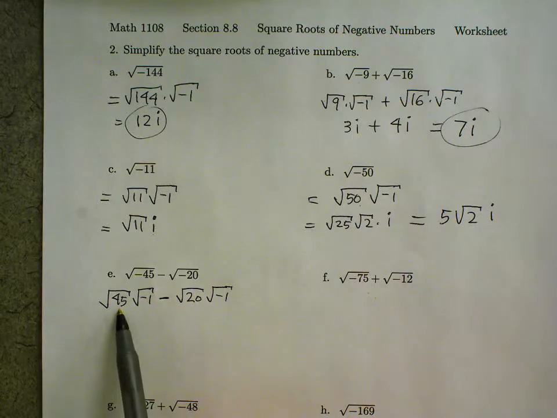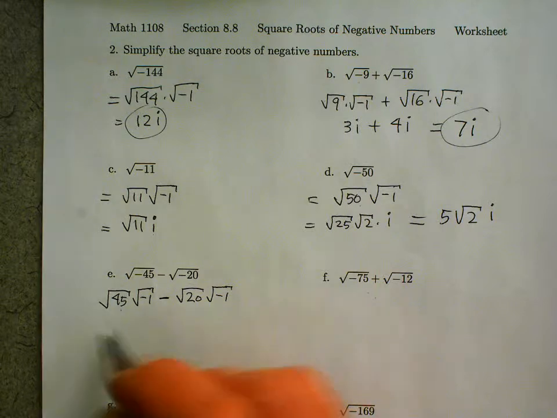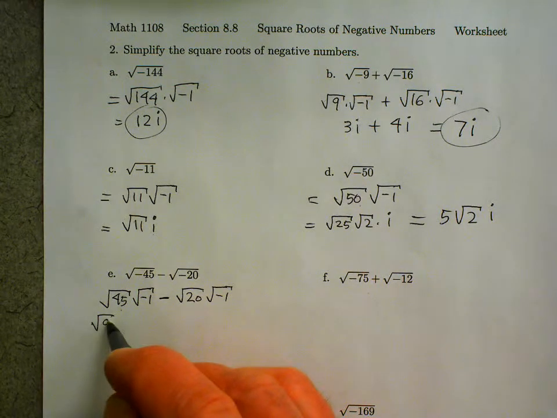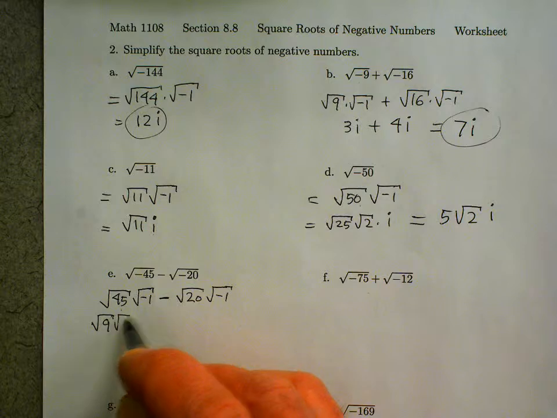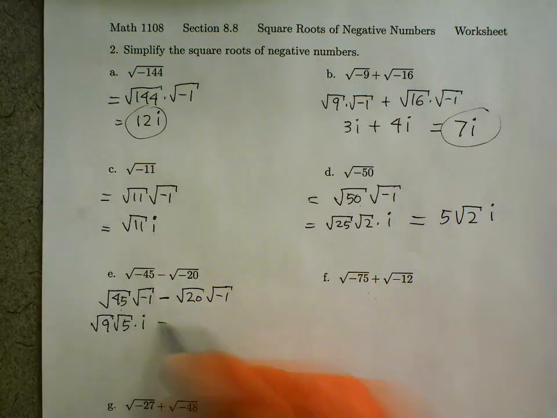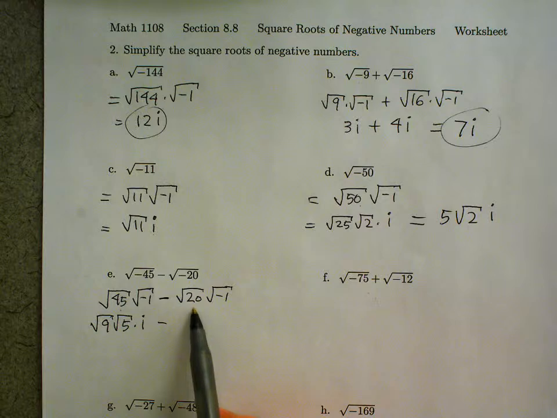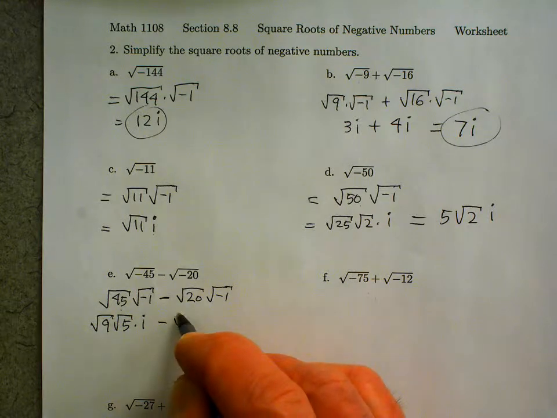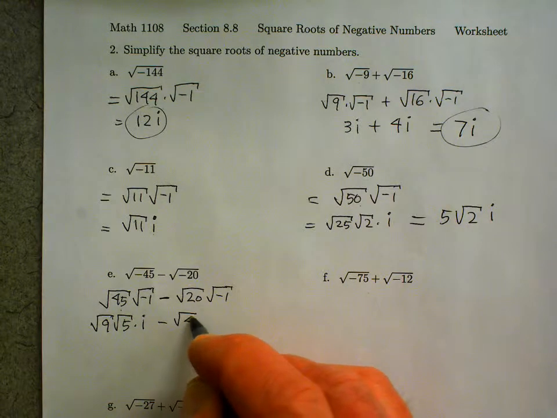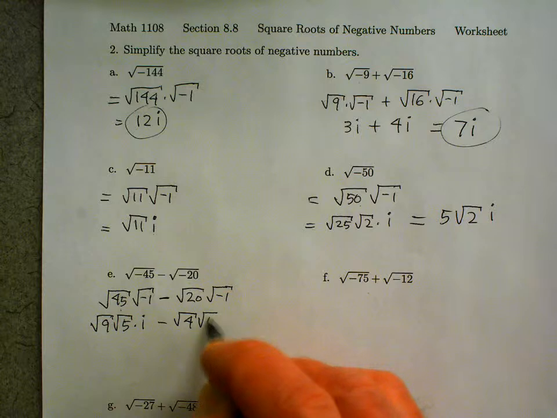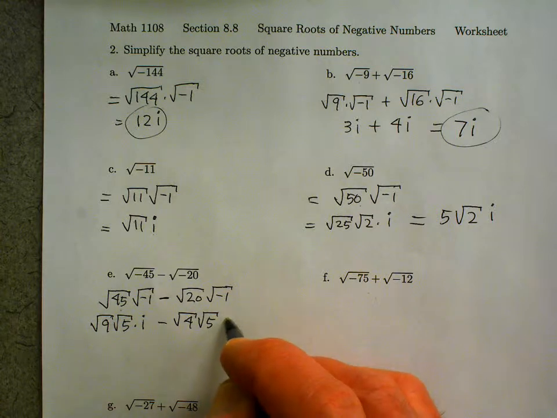The square root of 45 can be simplified. 9 times 5 is 45. So this is the square root of 9 times the square root of 5 times i. The square root of 20 can be simplified. Square root of 20 is the same as the square root of 4 times the square root of 5, and then times i.